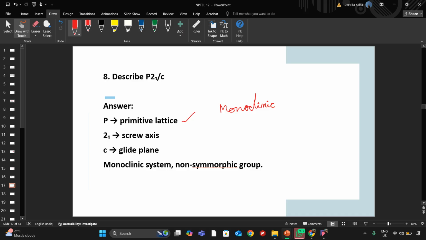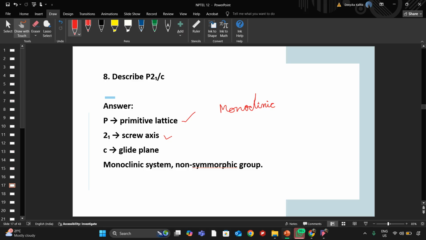Okay, and 21 is going to denote a screw axis, which is a symmetry element combining rotation around an axis with translation parallel to the same axis, which kind of forms a helical pattern.